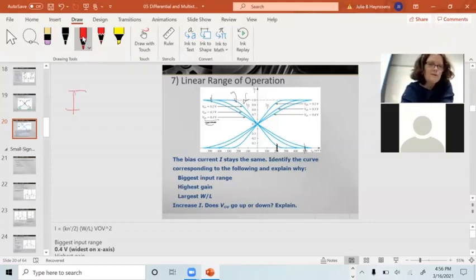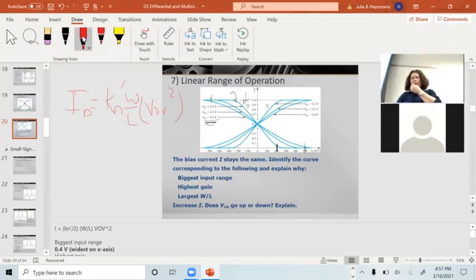You have this equation right here: ID equals Kn prime W over L VOV squared. If I put in a bigger W over L transistor, I'm going to have a higher ID and a lower overdrive voltage.